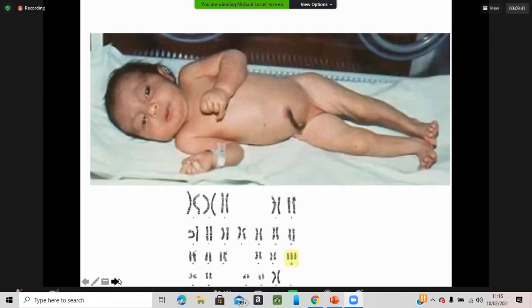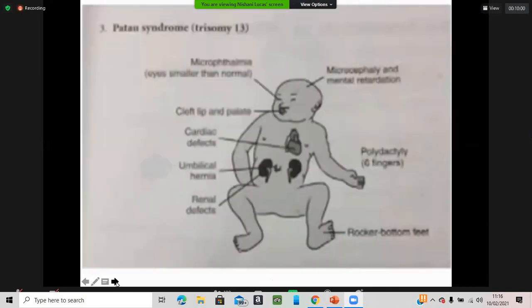Edwards syndrome. Yes. If you remember, the baby is hypertonic, fisting is there, the 2/5 anomaly, and rocker-bottom feet, of course not very clear. So this is exactly what an Edwards syndrome child will look like, and that's the karyotype.